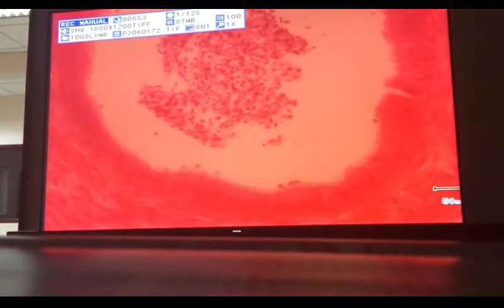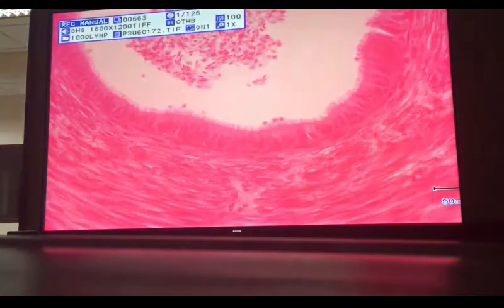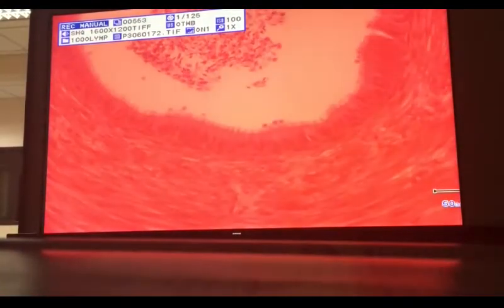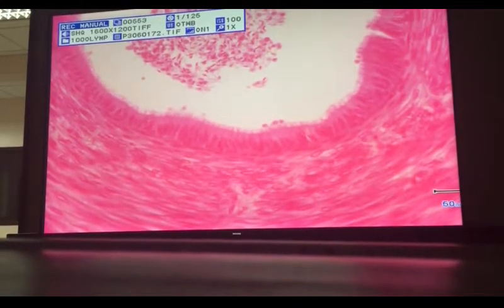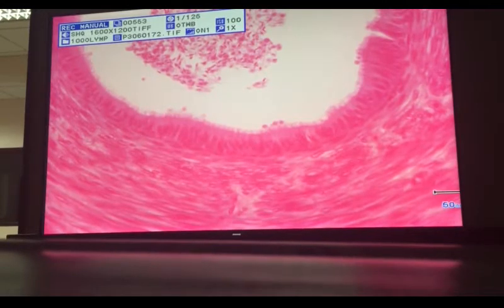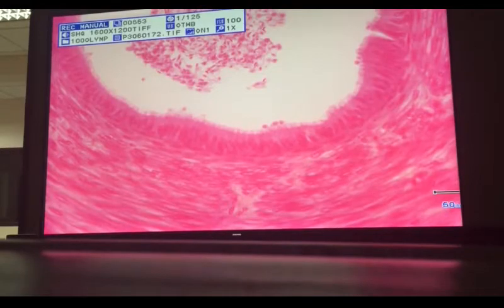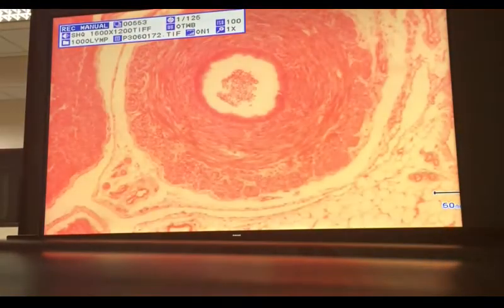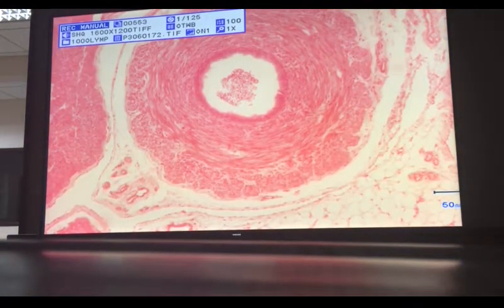And then, projecting from the surface of the epithelial cells are those hair-like structures. Stereocilia. And then, the cells inside the lumen are called spermatozoa. How many layers of smooth muscle are there in the wall of the vas deferens?